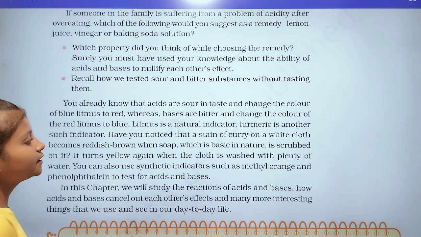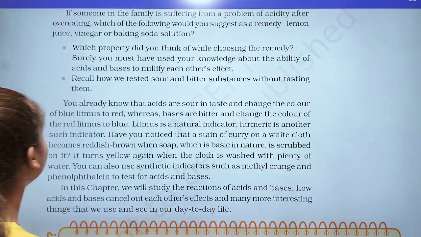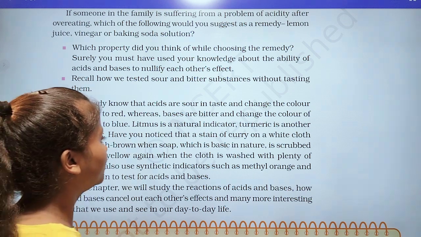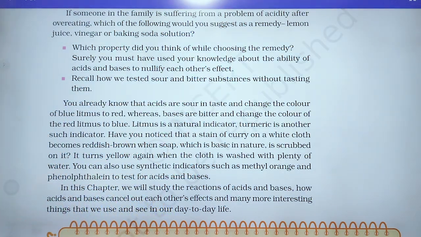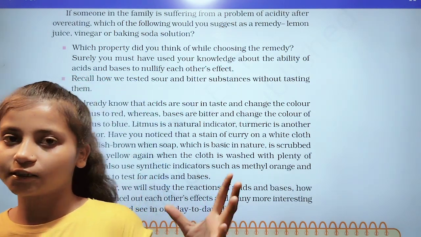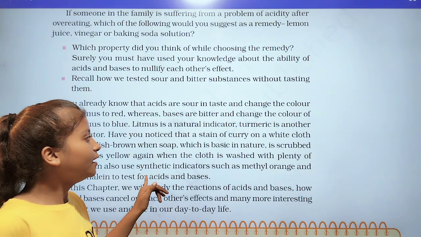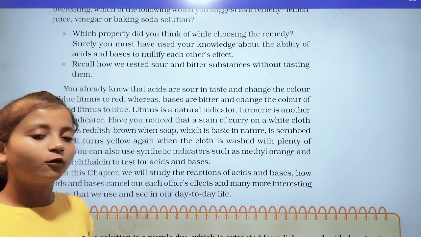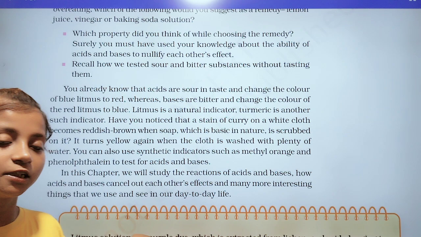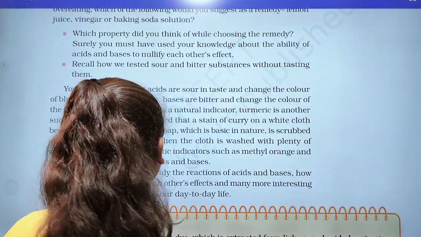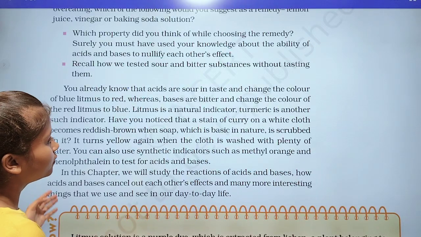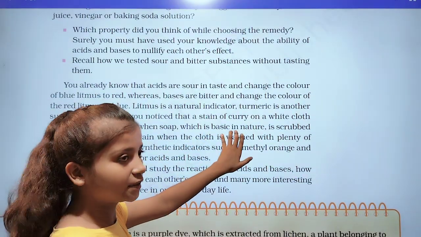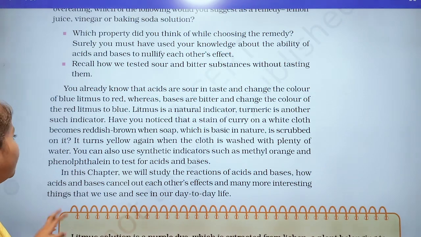Have you noticed that a stain of curry on a white cloth becomes reddish brown when soap, which is base in nature, is scrubbed on it? It means there is a stain of curry on your white dress. When you wash it with soap, you will see a reddish color on it.